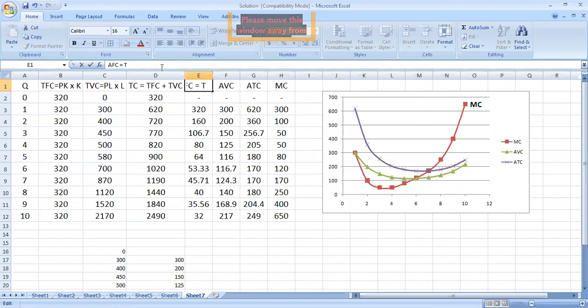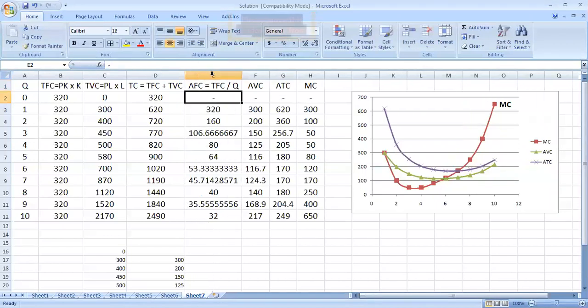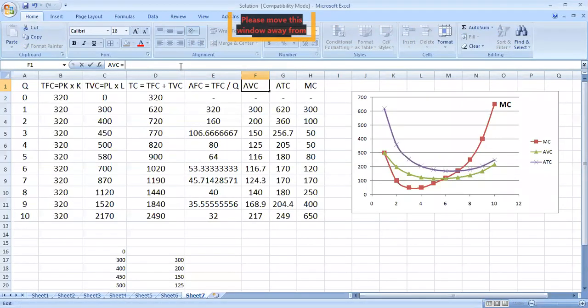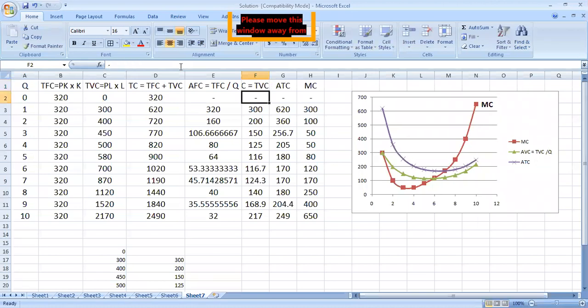So average fixed cost is obtained by dividing total fixed cost by output produced by a firm. Then average variable cost is obtained by dividing total variable cost by output produced. Then average total cost is obtained by dividing total cost by output, right?